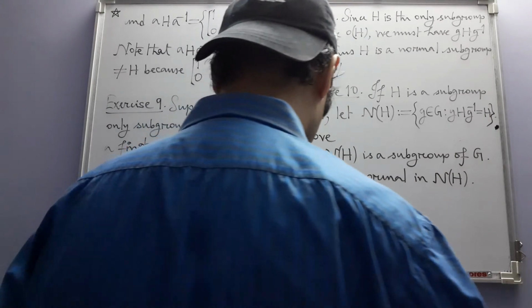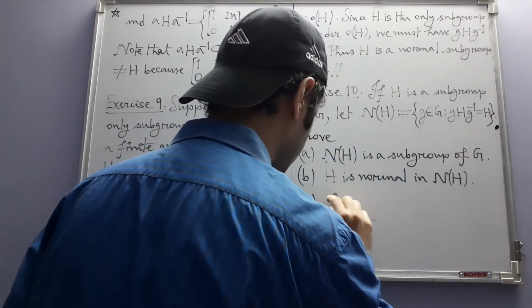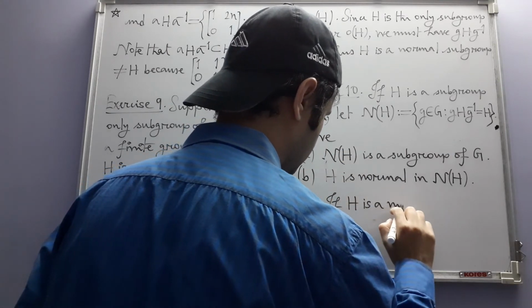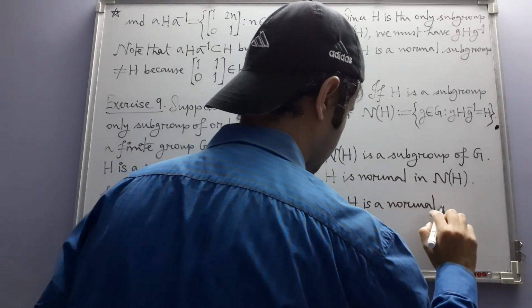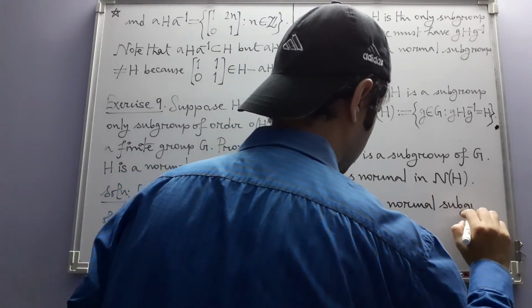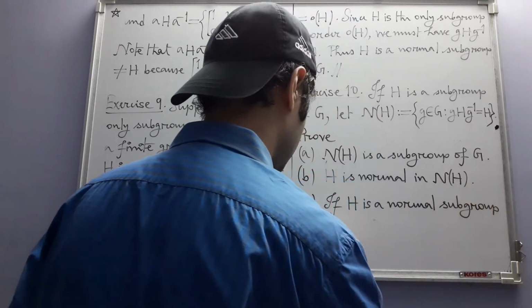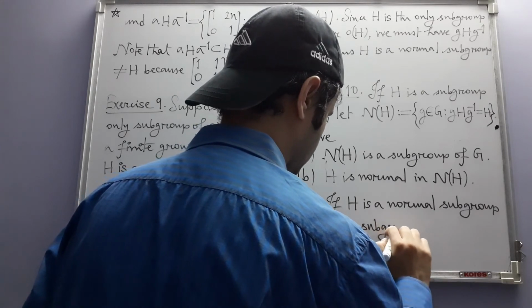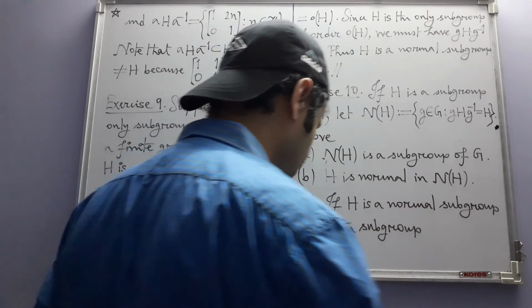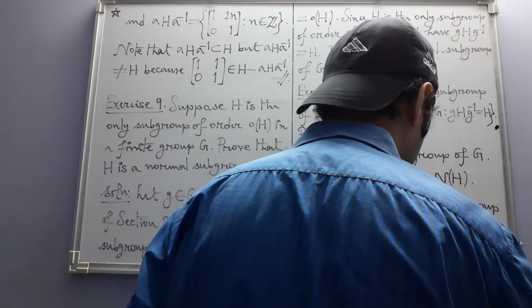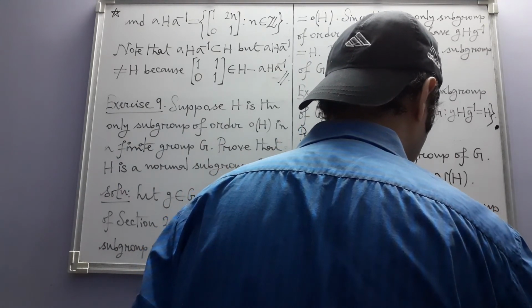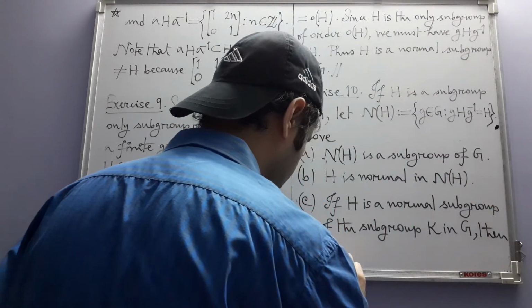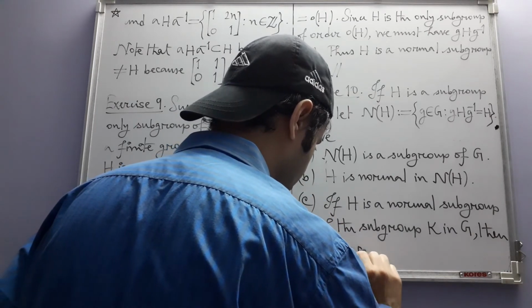C, if H is a normal subgroup of the subgroup K in G, then K is contained in N(H).